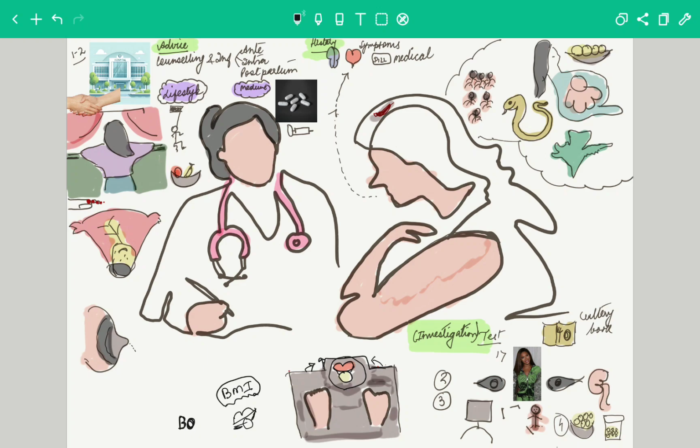Even a person who is not otherwise diabetic might develop diabetes during pregnancy due to the diabetogenic state of pregnancy, due to the hormonal changes, human placental lactogen, and all of that. So, the lady is prone to have gestational diabetes.